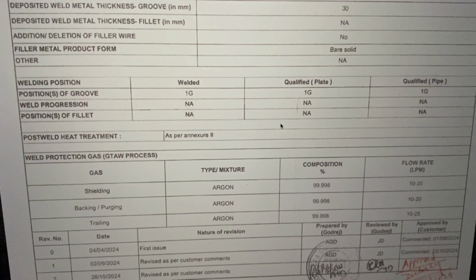The next, of course, the very important is the position in which we are going to do it. The down hand position where gravity is going to help us, the vertical position where gravity is going to help us only 50%, the overhead position where we are going to weld completely against gravity.